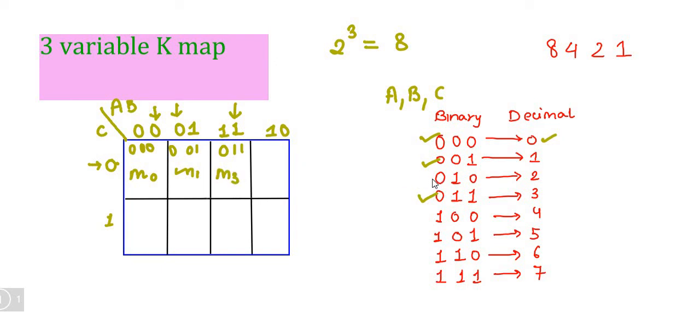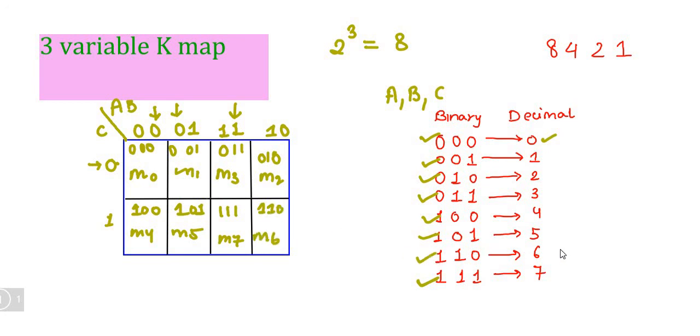The next combination is 010, which is M2. The next combination will be 100, M4, then 101, M5, then 111, which will be M7. And the last is 110, M6.